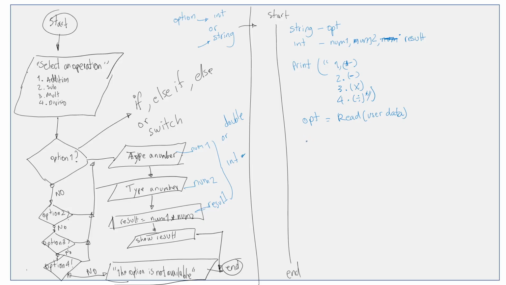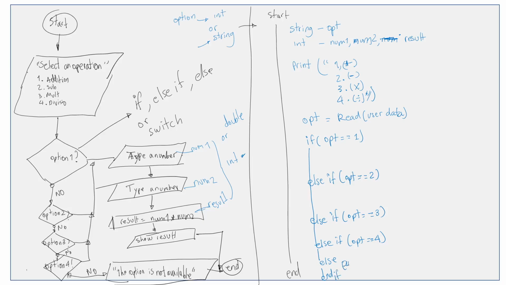Then we're gonna compare, right? So we can do if. So we have if option equal to 1, else if option equal to 2, else if option equal to 3, else if option equal to 4, else, then end if.